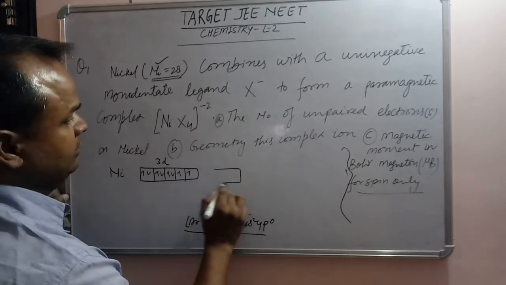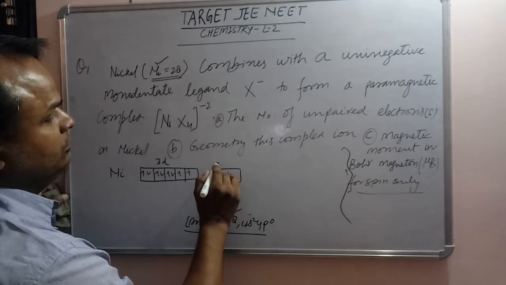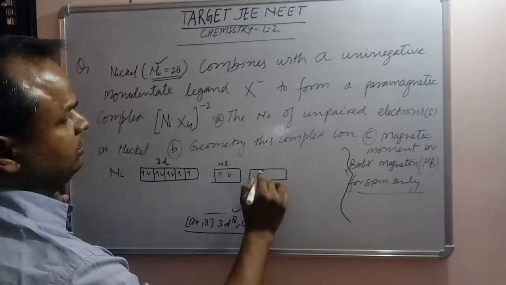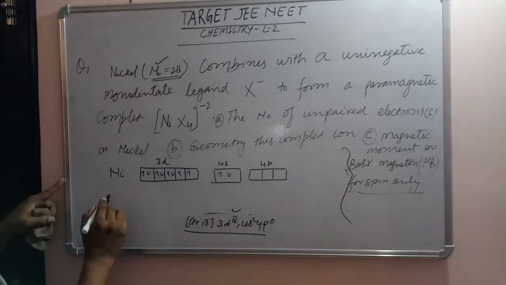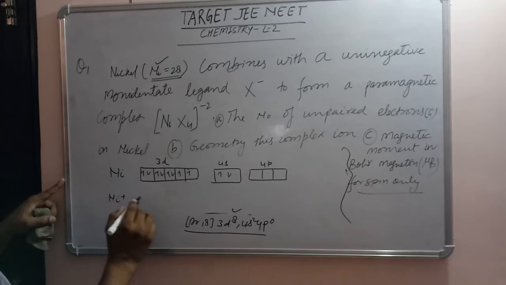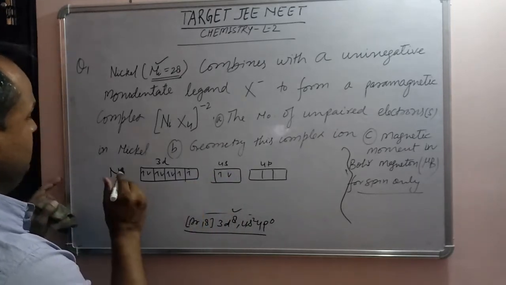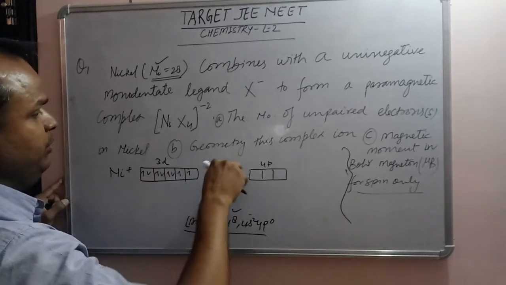Now 4s has 2 electrons only and they are paired, and in 4p there are no electrons. Now next step, if we write for Ni plus, it means these 2 electrons will be removed.